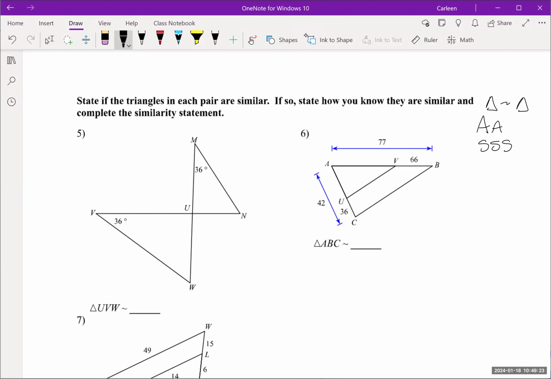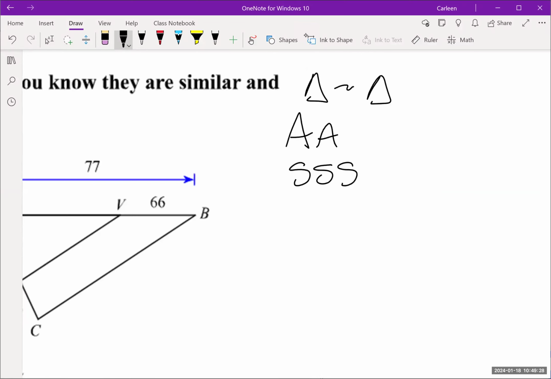So the sides are not congruent to each other. The sides are in proportion. Or there's one more. Side, angle, side. 2 sides in proportion, and the included corresponding angles are congruent.